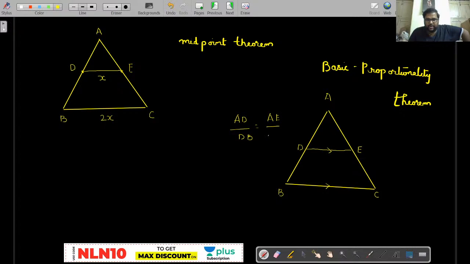Now, this is the property that you have to know. Upon doing questions, you can easily understand how these basics are used. Basic proportionality theorem: AD by DB is equal to AE by EC.